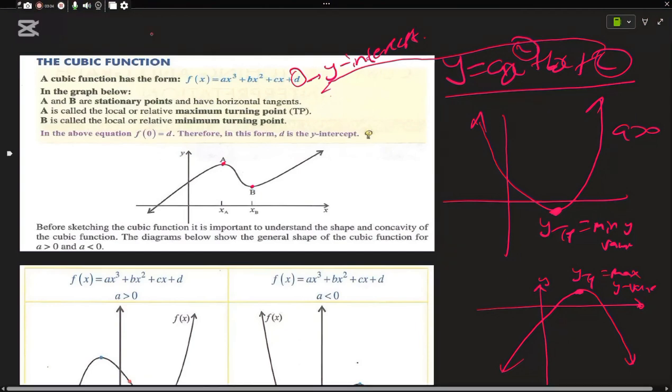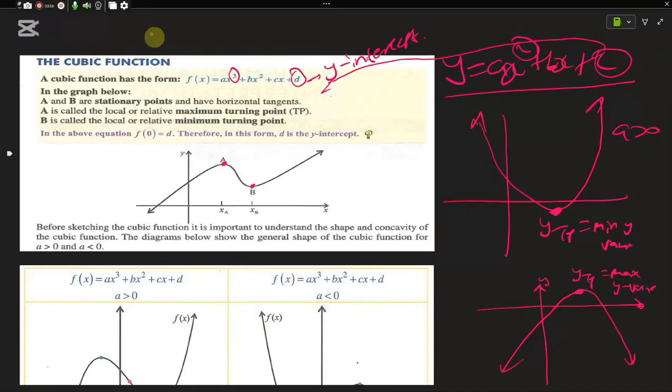Now let's go back to a cubic function. The highest degree is 3, so 3 minus 1 is 2. That is why for a cubic function, we've got 2 turning points. So the number of turning points is equal to the highest degree minus 1.